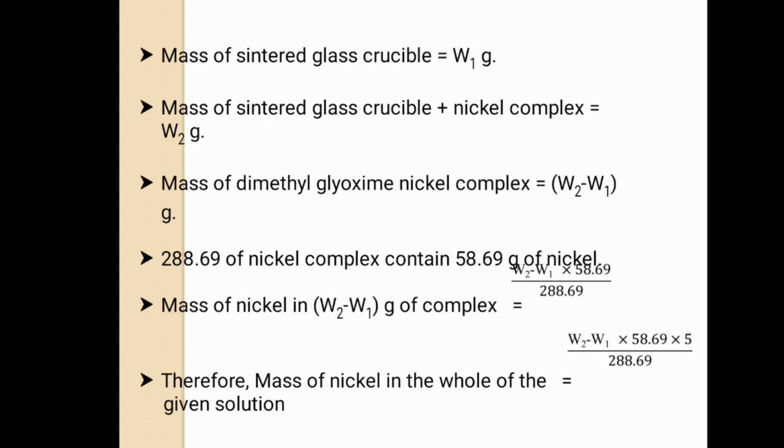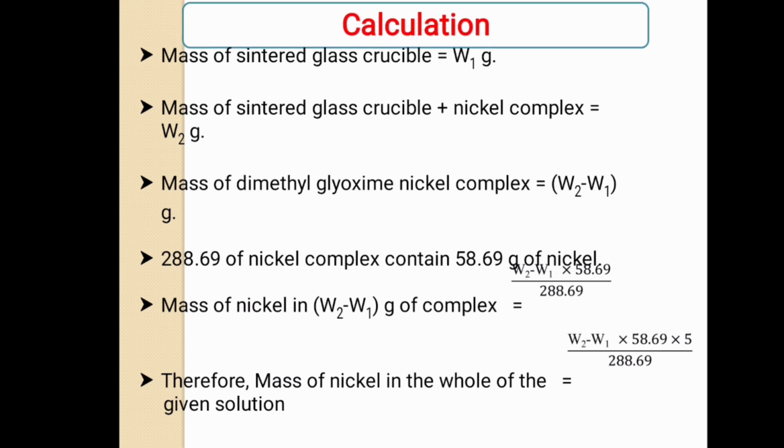Calculation. Mass of sintered glass crucible is equal to W1 gram. Mass of sintered glass crucible plus nickel complex is equal to W2 gram. Mass of dimethyl glyoxime nickel complex equals W2 minus W1 gram. 288.69 gram of nickel complex contain 58.69 gram of nickel.